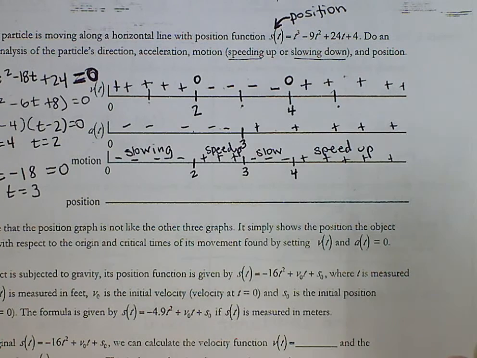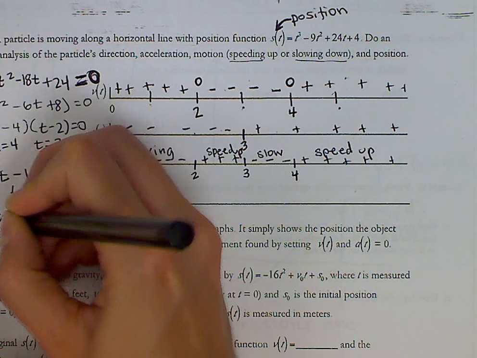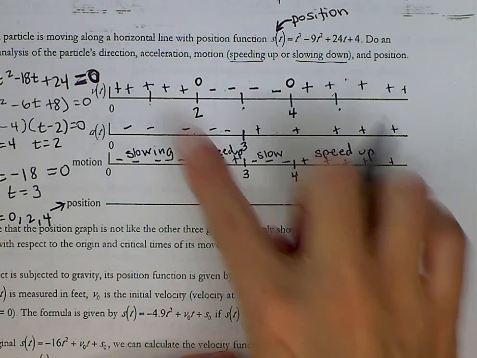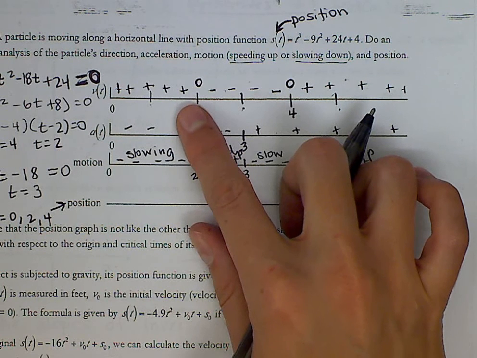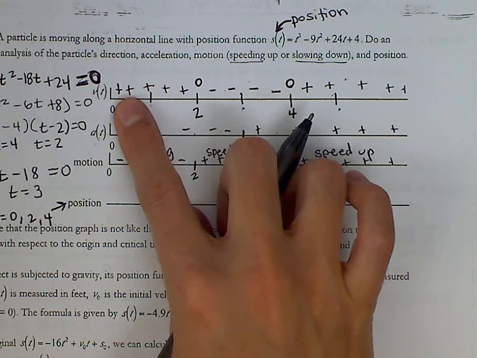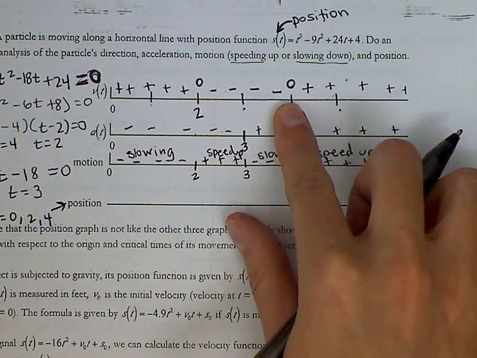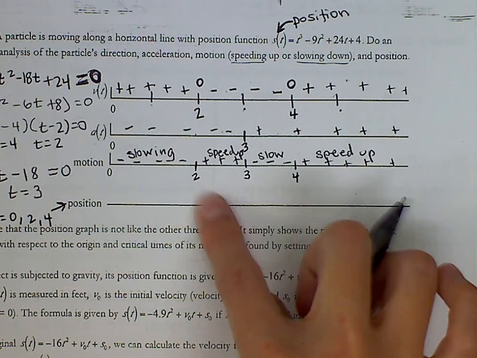So for my position, I want to look at the position at t equals 0, 2, and 4. I want to look at 2 and 4 because, as I can see from the velocity, these are 2 points where the particle is moving to the right, then it stops, and it starts moving left, and then it stops, and then it moves to the right. So this is where we're going to get the particle jumping and going back and forth.